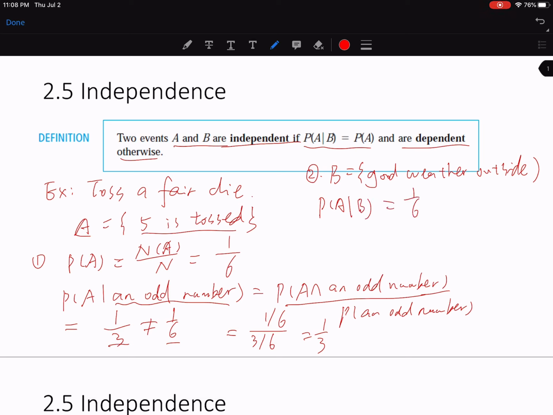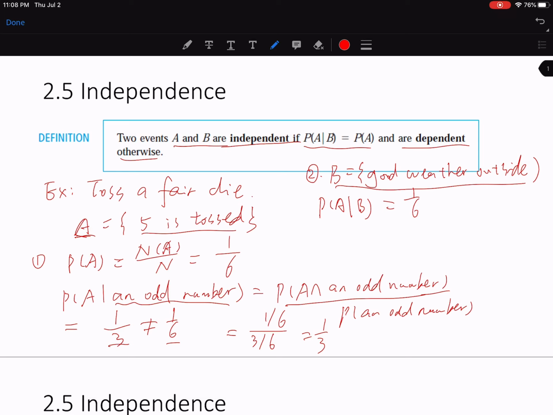It's 1 over 6, right? Why is it 1 over 6? Because this event B is telling us nothing about event A. Whether the weather is good or bad outside, the probability of getting a 5 is always 1 over 6. So the event B is telling us nothing about event A.